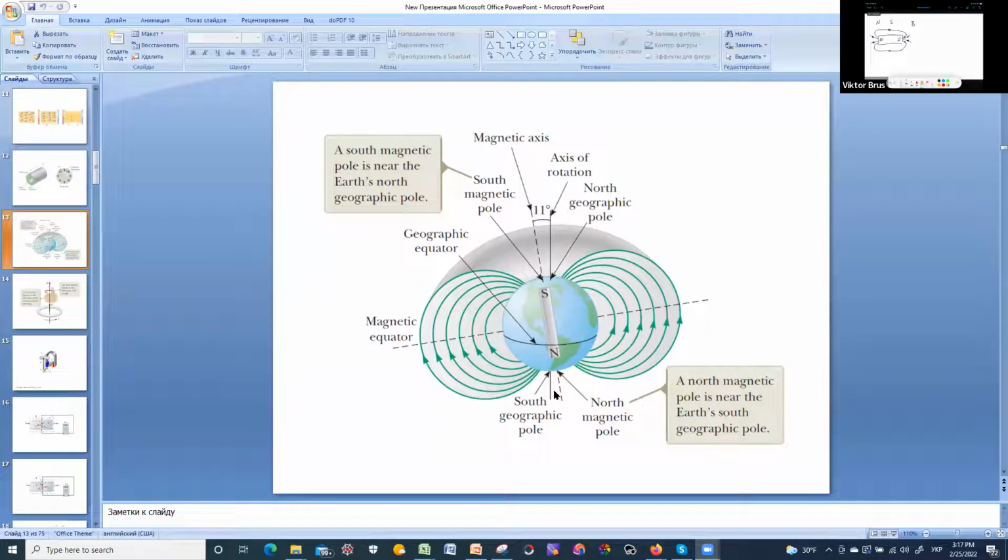So let us consider some general model which explains the existence of this magnetic field. It's not that we have, as shown in this image, some permanent magnet embedded in our planet. According to today's understanding of the geology of planet Earth, we have a very hot, quite solid central core of our planet, which is surrounded by magma.